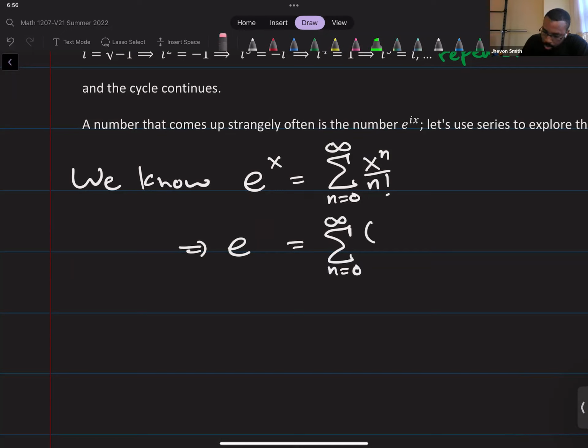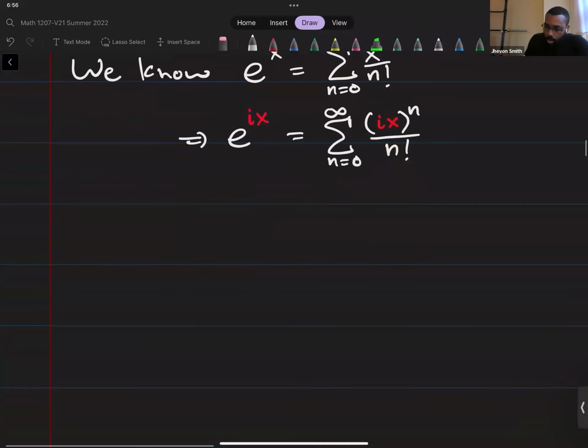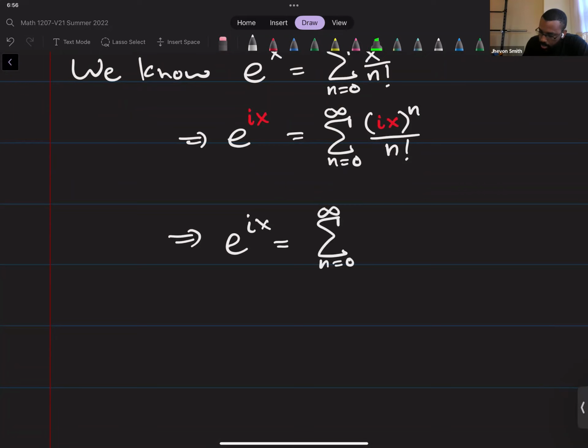So if you just do that, this means that e to the ix is just going to be the series of i to the n, x to the n over n factorial.